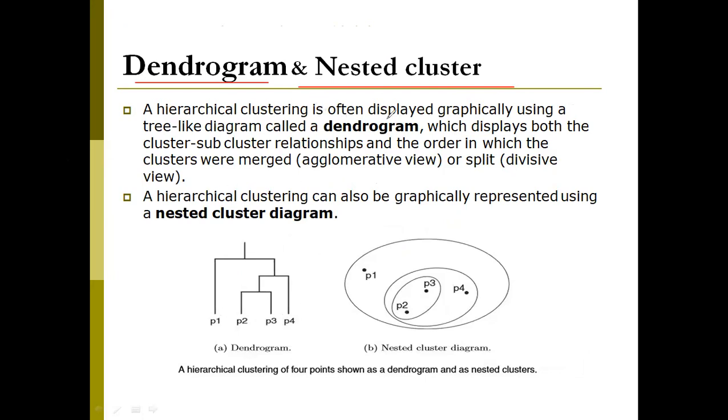A hierarchical clustering is often displayed graphically using a tree-like diagram called a dendrogram, which displays both the cluster and subcluster relationships and the order in which the clusters were merged or split.